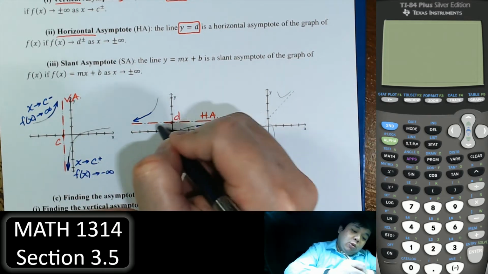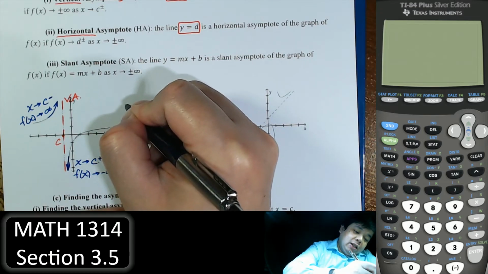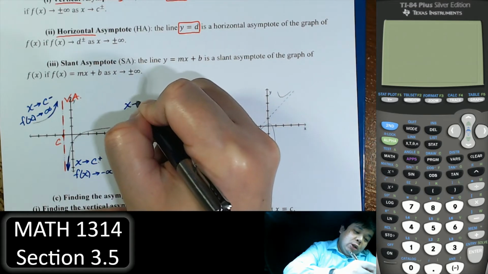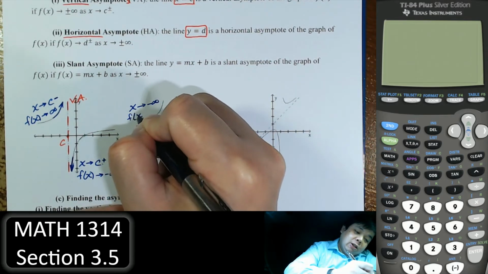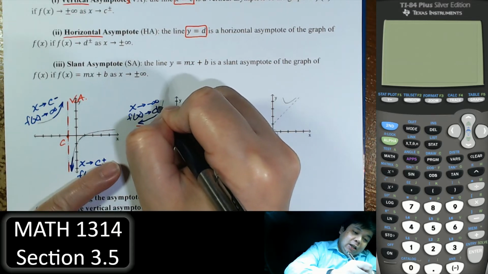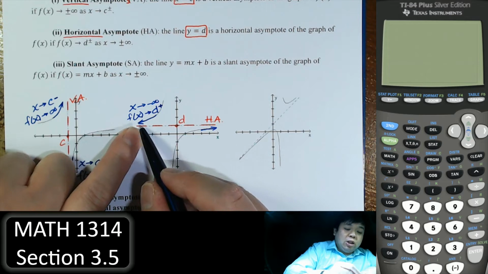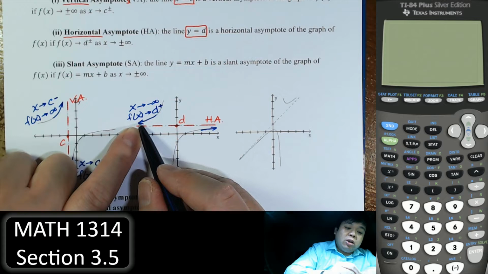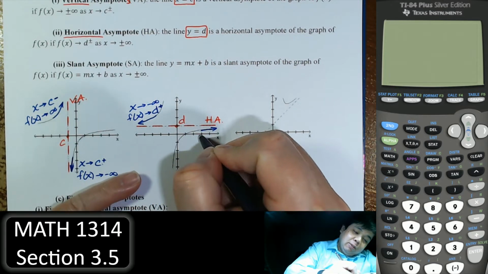So as x goes to negative infinity on this one, the function goes to d on the plus side, because whatever the values here are going to be bigger than d, but getting closer and closer to d, so d from the plus side, the bigger side.